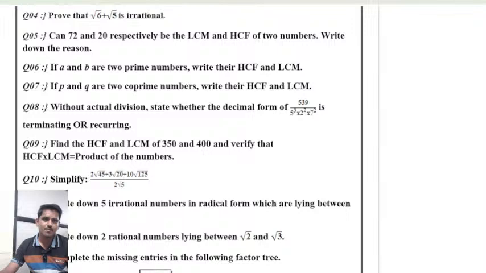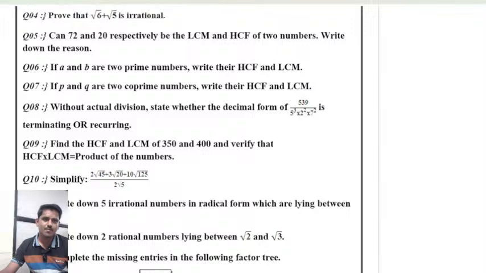So it is 2 into the square root of 9, which is 3 root 5, plus again 20 can be written as 4 into 5 and take the root of 4, that will be 2 root 5. 125 is 25 into 5, and 25 outside the square root will be 5 root 5, divided by 2 root 5.